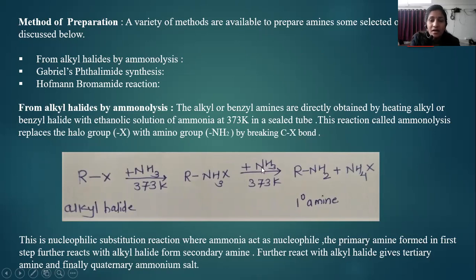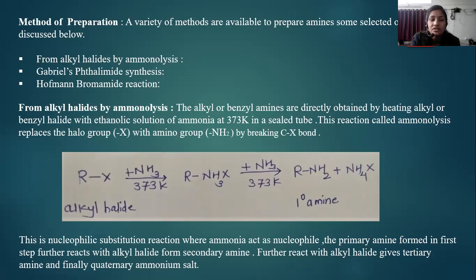Then add an excess amount of ammonia at 373 Kelvin. We get the primary amine plus NH4X as a byproduct. This is a nucleophilic substitution reaction where ammonia acts as a nucleophile and primary amine is formed in the first step.